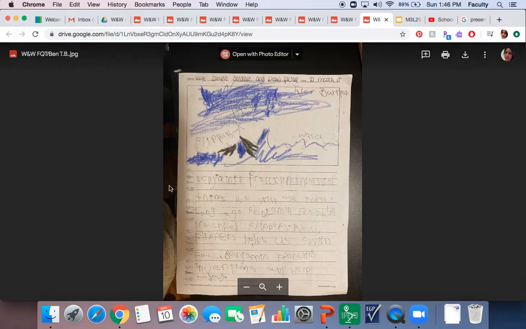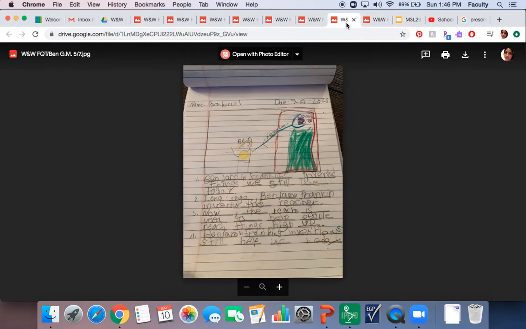You have your whole topic sandwich. You even added a little detail that the flippers help us swim faster. I love that you have all this water here and your flippers. I like, Tyler, that you're trying your best to add more details to your drawings. Miss G appreciates that you try to draw flippers, that you try to draw a person. Awesome job, Tyler.